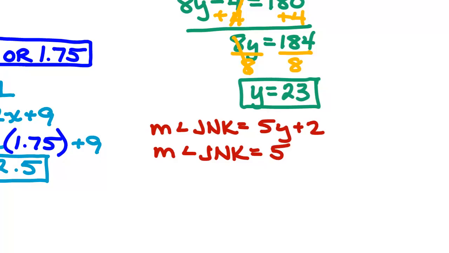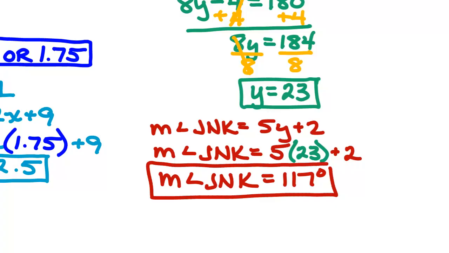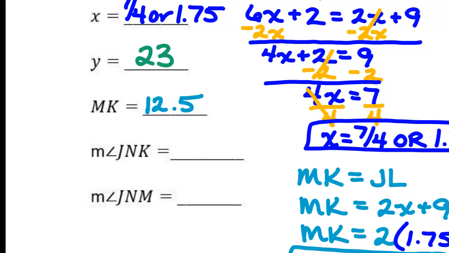So we have 5 times 23 plus 2. And we get what? 117. Should we put units with that? Yes, what units? Degrees. We just found an angle. 117 degrees.